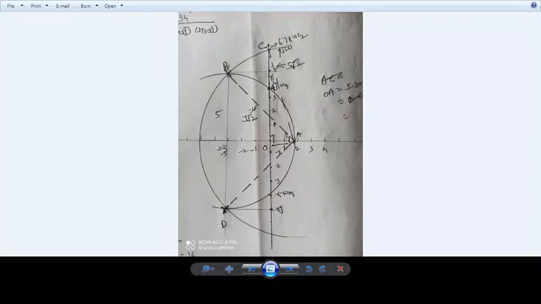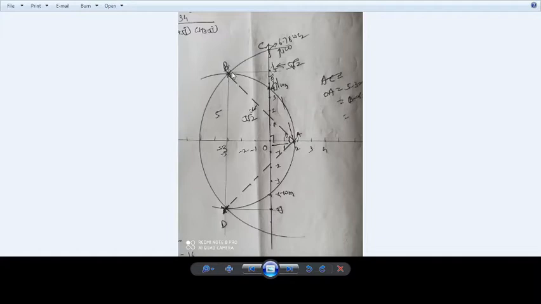The geometric construction for this example we can see here. First is the pole location, at minus 3 plus 5j and minus 5j.